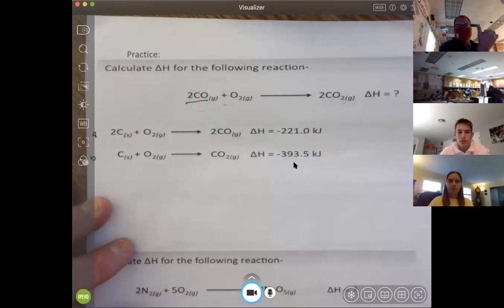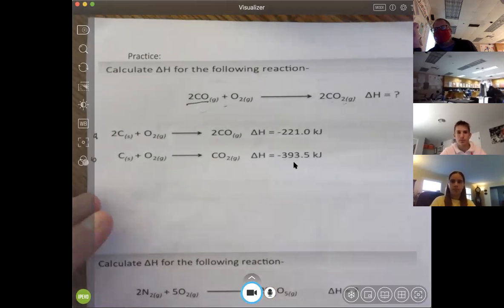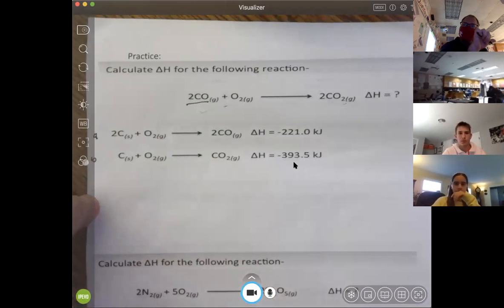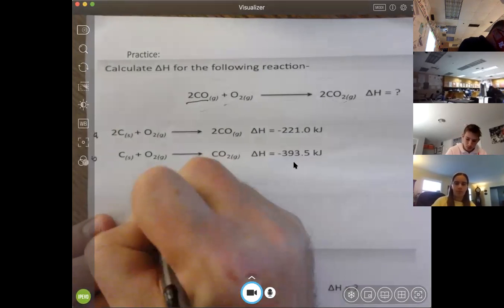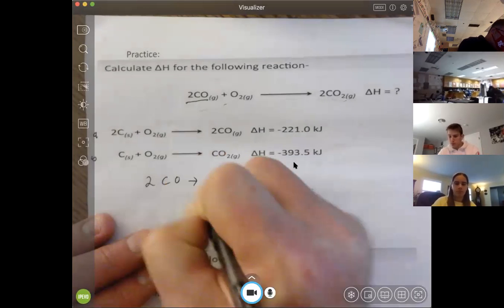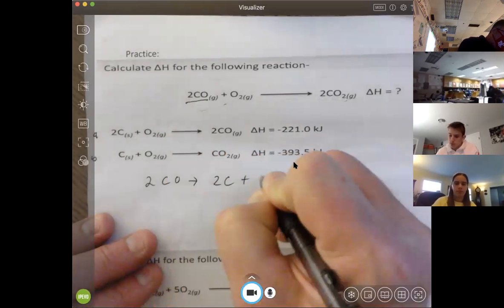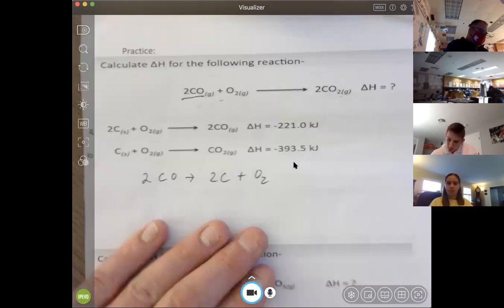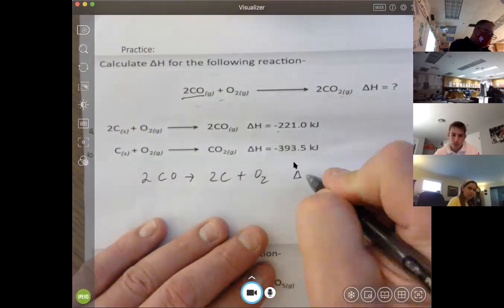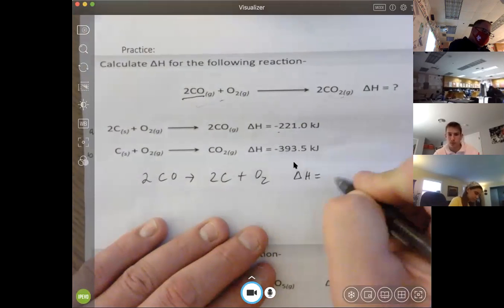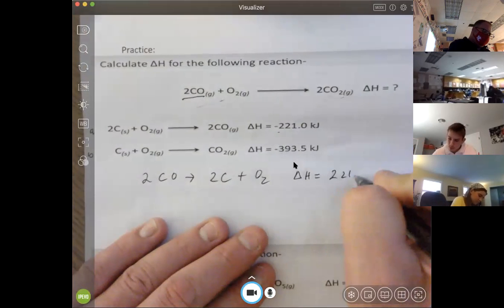Well, we learned that if the process is exothermic this way, if we reverse it, then it's endothermic. So I can rearrange this equation to be 2CO yields 2C plus O2. But instead of a delta H of negative 221, that delta H now will be positive 221.